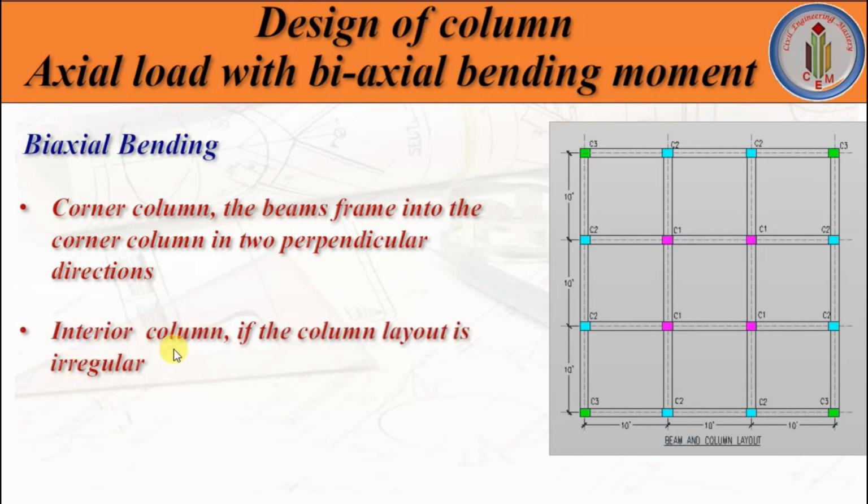Similarly, interior columns also we need to design for biaxial bending moment if the column layout is irregular. Here the column layout is regular, so we don't get interior columns that need to be designed for biaxial bending moment. If the column layout is irregular, then we need to design the interior columns for biaxial bending moment.